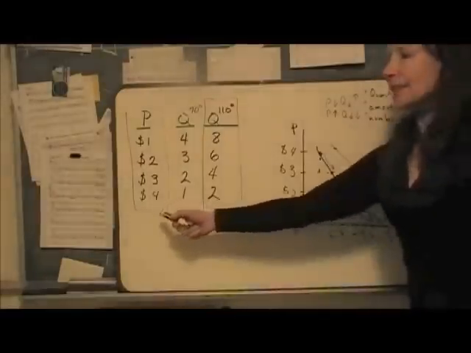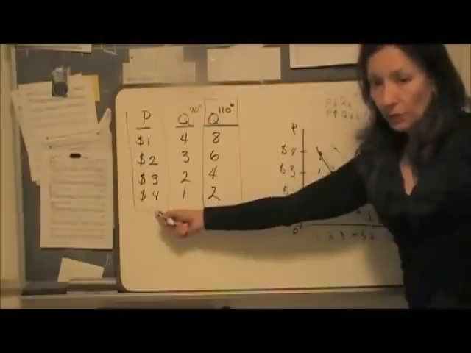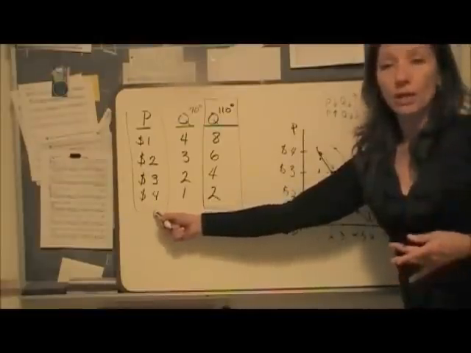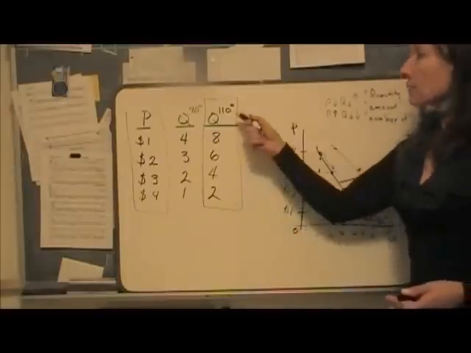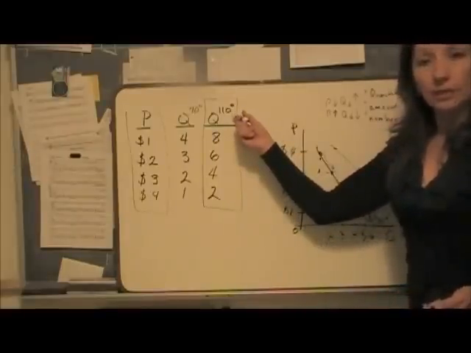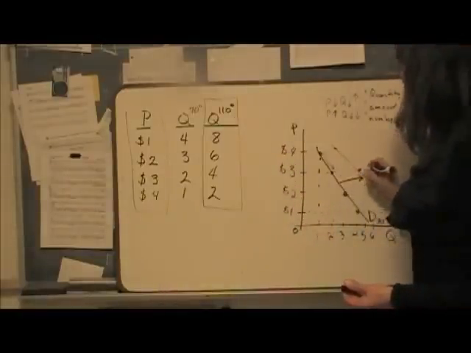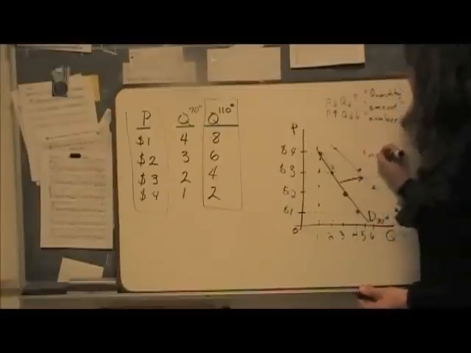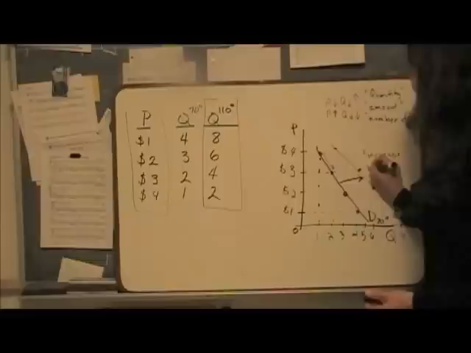Question, did the price change at all on this? No, it did not. The price point stayed the same. What changed is the why we want ice cream. Why did we increase our demand for ice cream? Because the temperature was hot. Okay, so we call this effect, this shift right here, an increase in demand.